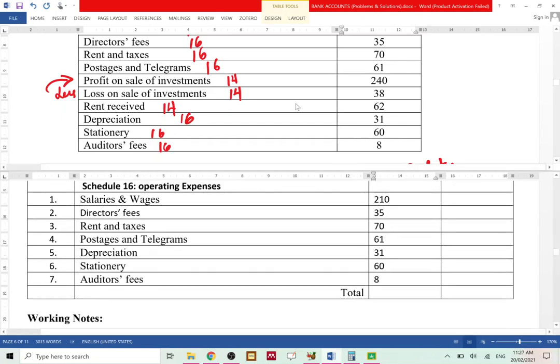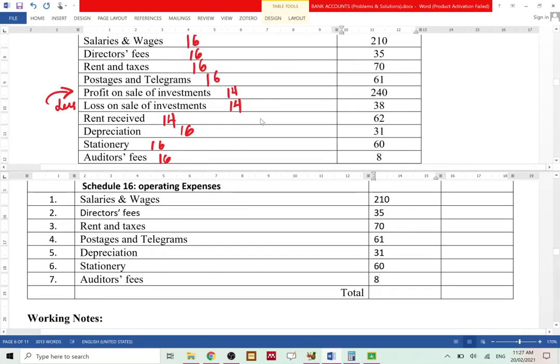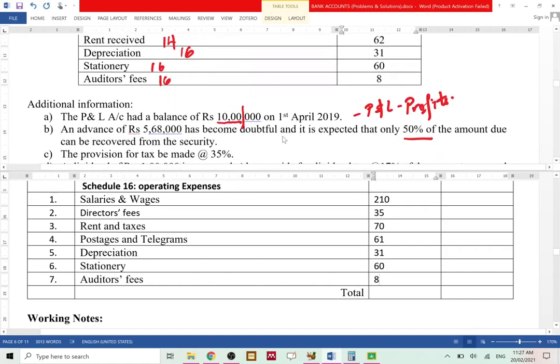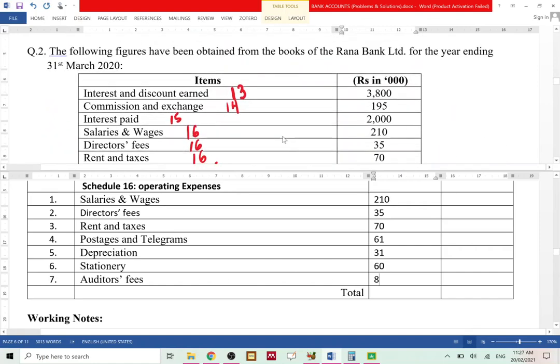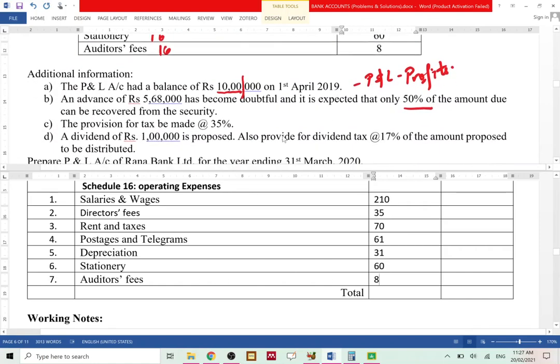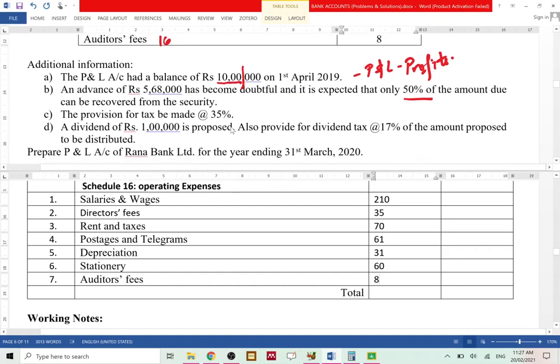Alright, so basic posting of all the items that are given in the particulars is done. All of these other items will be dealt with in the working notes. They don't directly come anywhere in the profit and loss account. They are not expenses, they are not incomes. Most of these are provisions that are to be made or balances that have been brought forward.